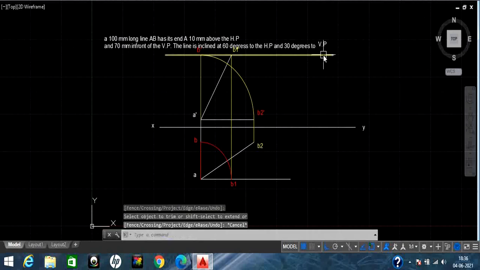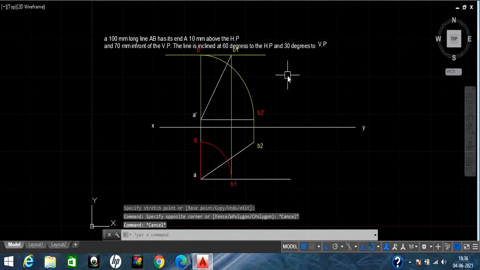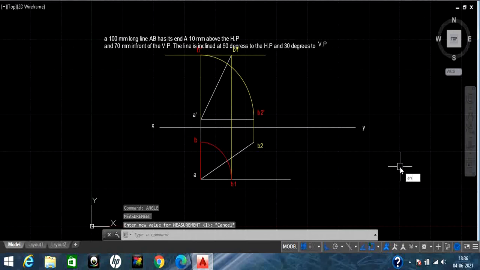This is also a very important question. This question is related to theta plus phi equals 90. Angular dimension.